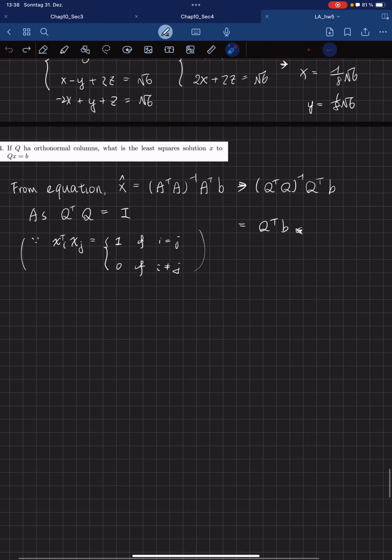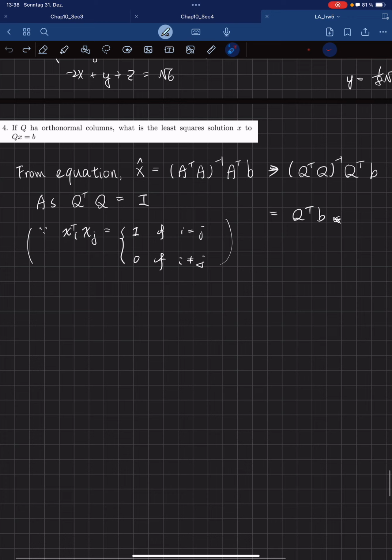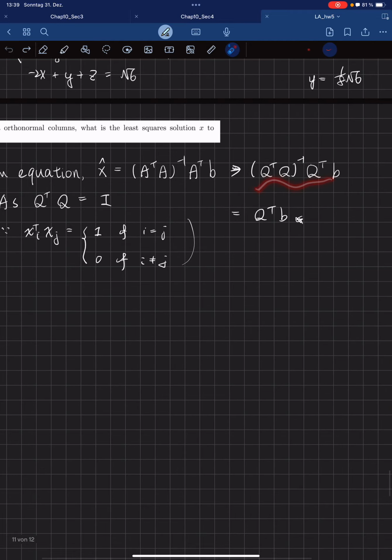So now, armed with this knowledge, we can just compute for x directly, which is this equation here, as I have derived before, but the twist here is that we replace A with Q. So we end up with this equation here. And since Q transpose Q is I, and I transposed is itself, we just scratch this out, and all that remains is our Q transpose B.